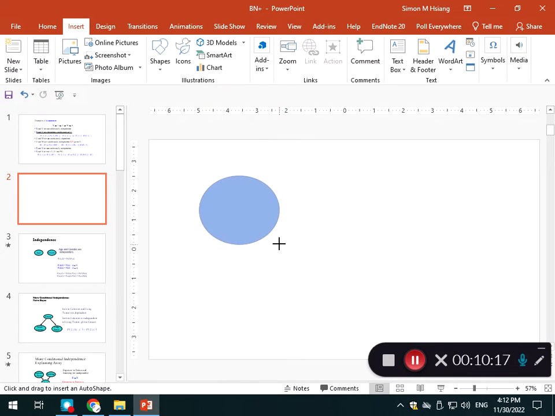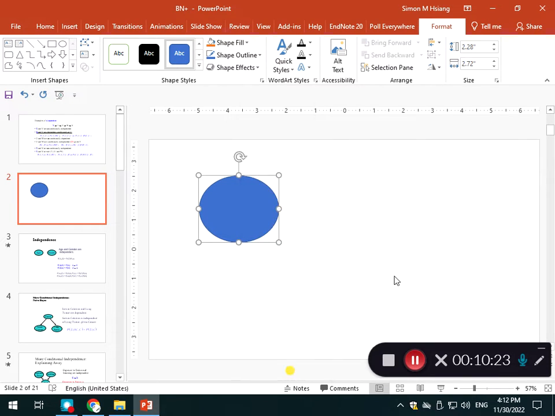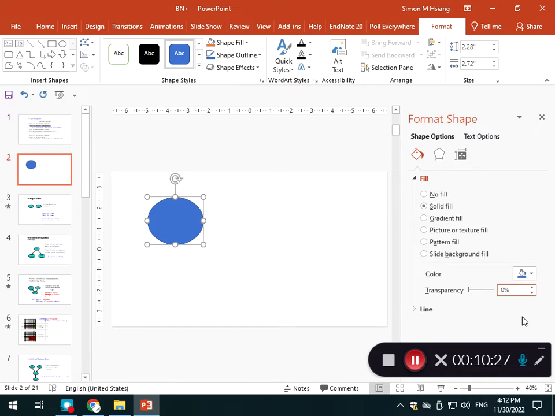Okay, this is my X. Following shape and fill.